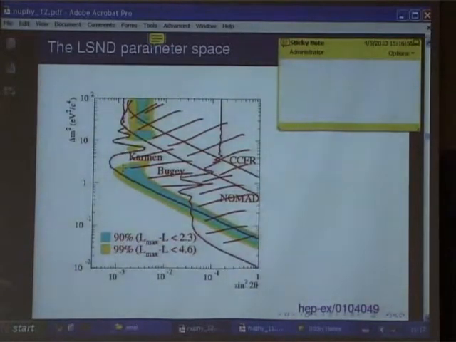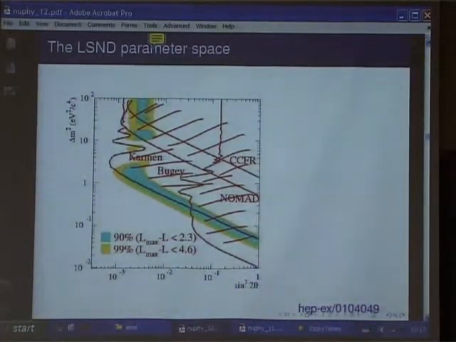So the question now was what to do here. One possibility is that maybe there is some problem with LSND. The second possibility was that this small region is allowed, which tells you exactly what the parameters are. So let's first start by assuming that whatever LSND is doing is correct, which would mean that we have this region.